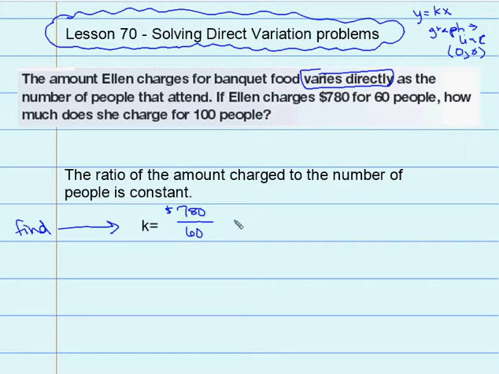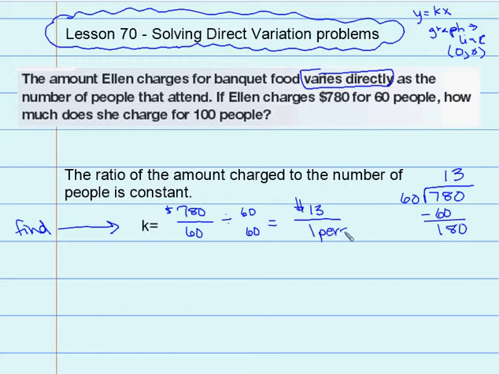So we're going to divide both of these by 60 to get, let's see, I'm going to go over here and work this out. Get 13. So it's $13 per one person. That's k. That's your constant of proportionality.